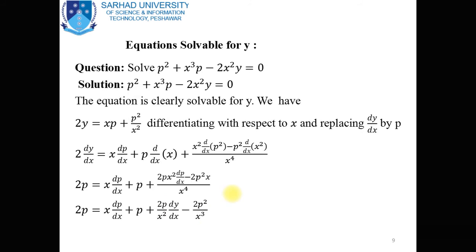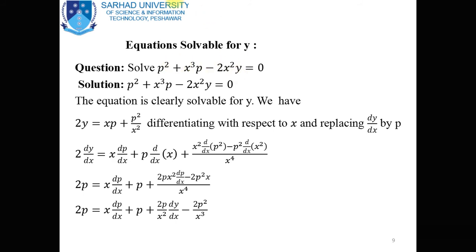Now, when a first order non-linear differential equation is soluble for y. Dear student, actually in the first order non-linear differential equation we have three variables, suppose x, y and p.